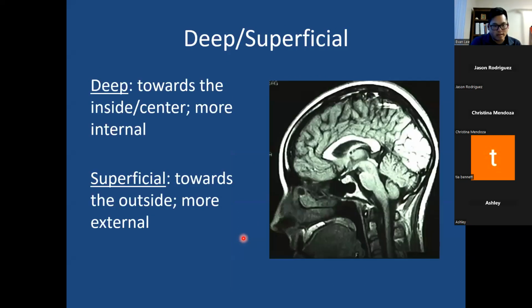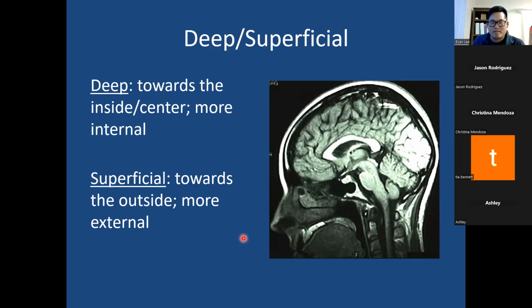Now, lastly, for our directions at least, we've got deep and superficial, which are once again terms that you probably have used in some way before, because if you think of someone that is considered to be superficial, what are they most focused on, I suppose? Stuff on the outside. Like their looks, their clothes, their equipment, whatever it is.